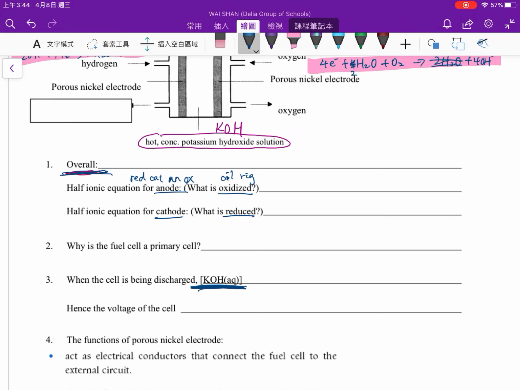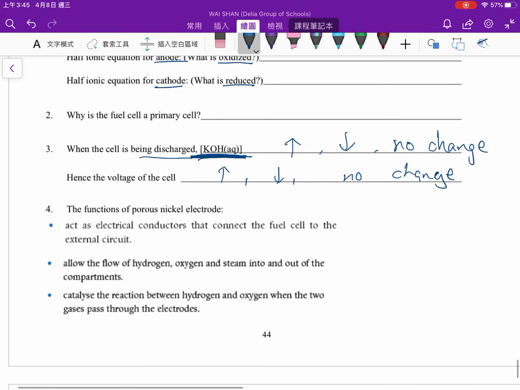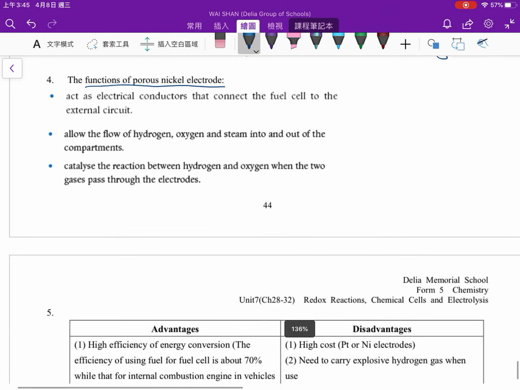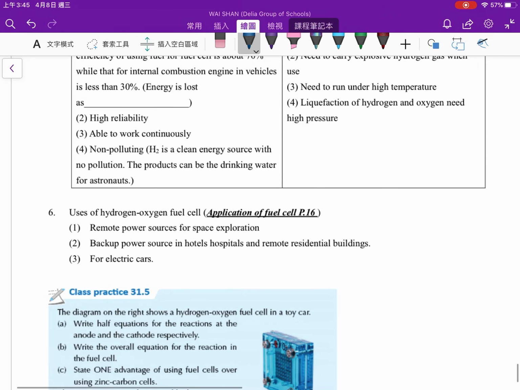So what do you think about the concentration of KOH, potassium hydroxide, when it is being discharged? Will the concentration of KOH increase, decrease, or no change? And the voltage of the cell will increase, decrease, or no change. What do you think?